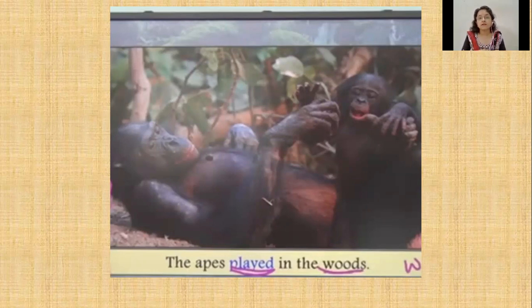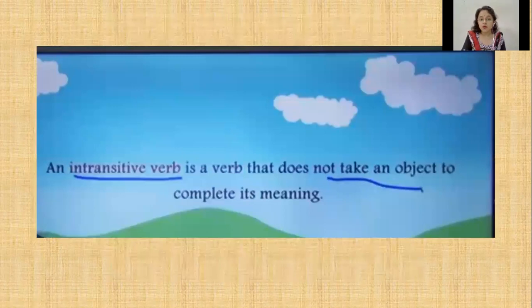And where there is no object in the sentence, the verb in the sentence would be an intransitive verb, because here we are getting the answer of the question where. Where did the apes play? In the woods. We are not getting the answer of the question what and whom. So, an intransitive verb is a verb that does not take an object to complete its meaning.